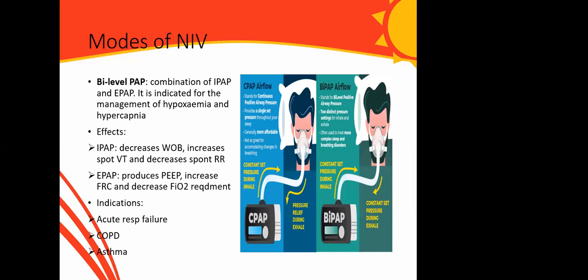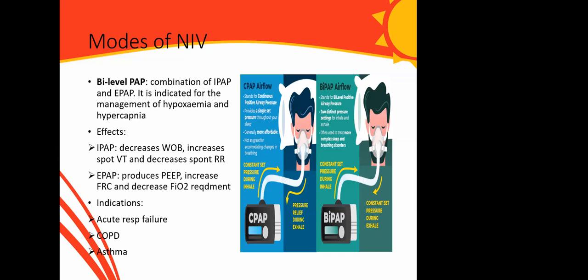For instance, a patient in hypoxemia or acute respiratory failure who would have required maybe 70 or 80% FiO2, with application of BiPAP with EPAP, you can have maybe about 30 to 40% FiO2, which also goes a long way to help prevent oxygen toxicity.